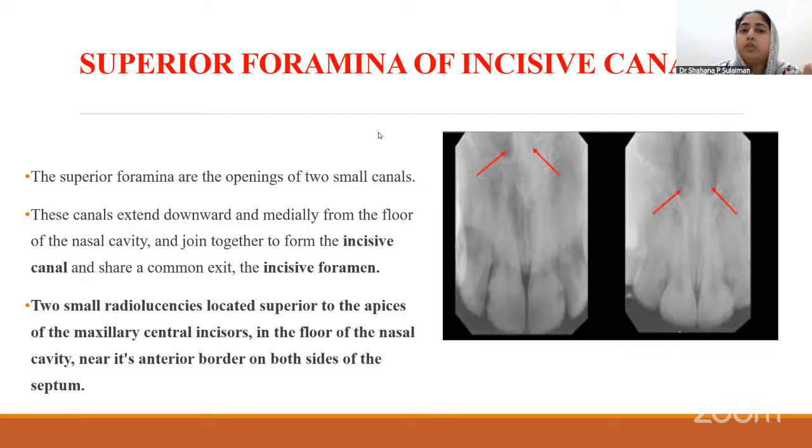This is known as the superior foramina of the incisive canal. So when you take a maxillary anterior radiograph with steep angulation, you might be able to appreciate a round radiolucency within the nasal fossa on either side of the nasal septum. Here you should be able to say that it is the superior foramina of the incisive canal.